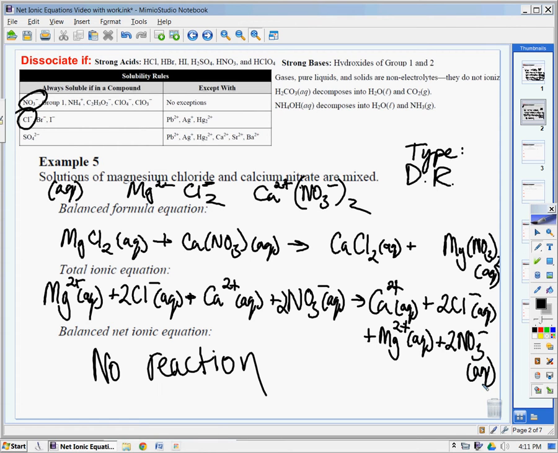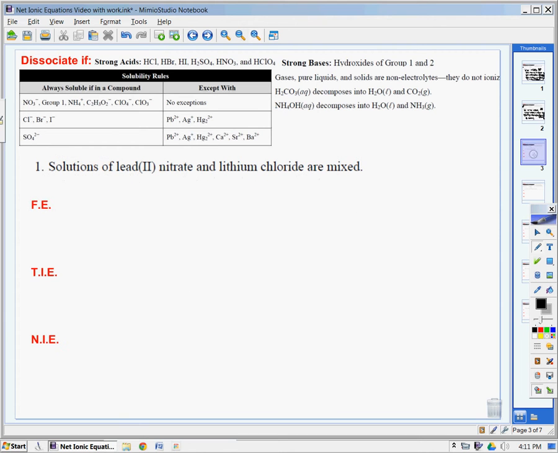And you'll notice everything's aqueous on both sides, which is why there's really no net ionic reaction here. In other words, if you mix these two things together in a test tube or a beaker, you're not going to see anything happen because it's not making a new precipitate or a new gas.